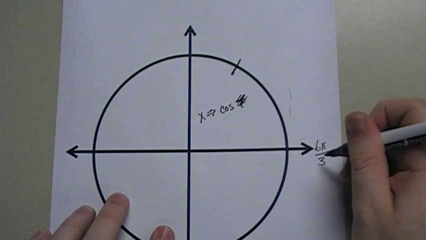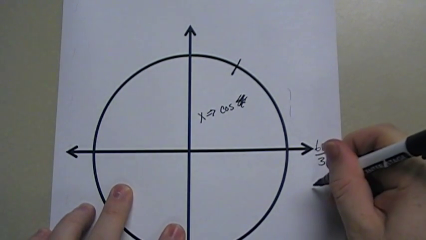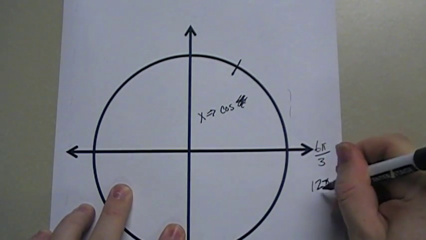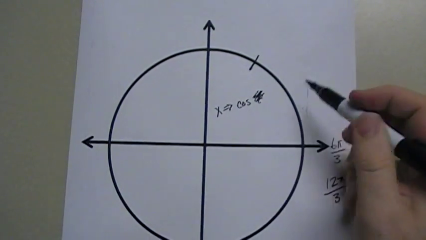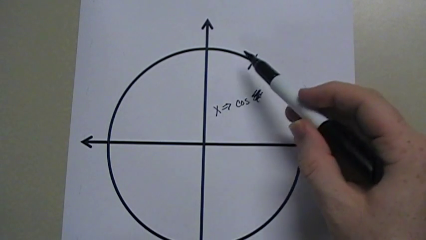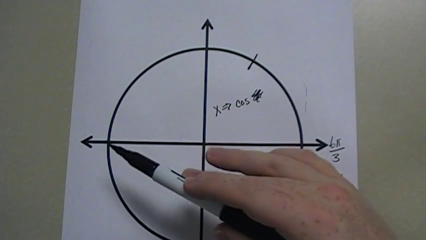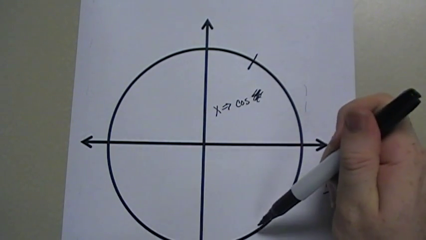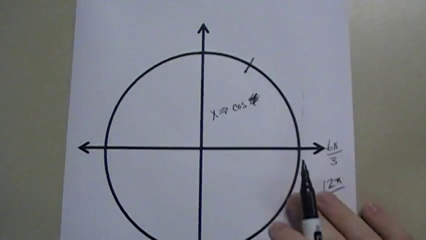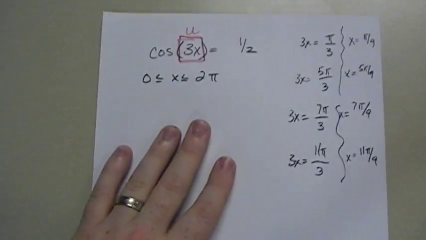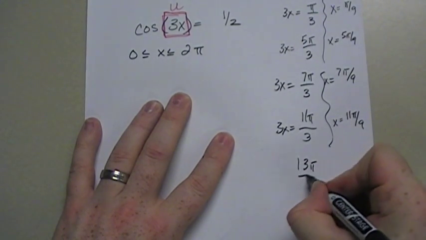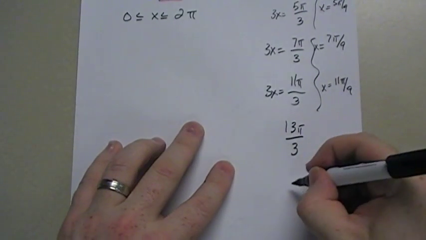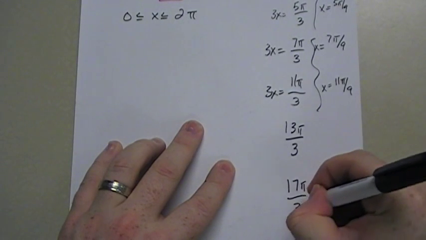So 9 pi over 3, well, I guess that would also be 12 pi over 3 because that would reduce to 4 pi, so 2 times around the circle. So 13 pi over 3, 14, 15, 16, 17 pi over 3. So I've got 2 more: 13 pi over 3 and 17 pi over 3.